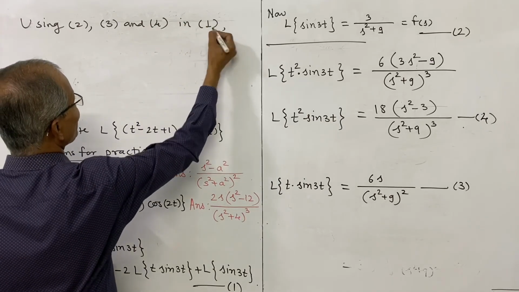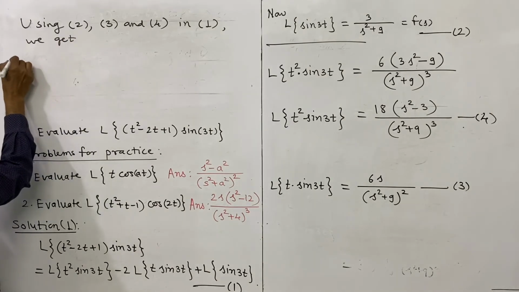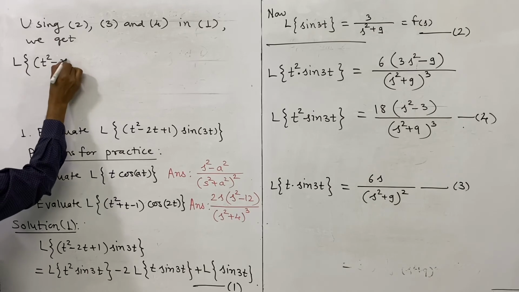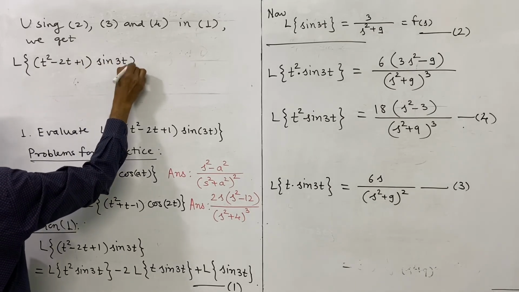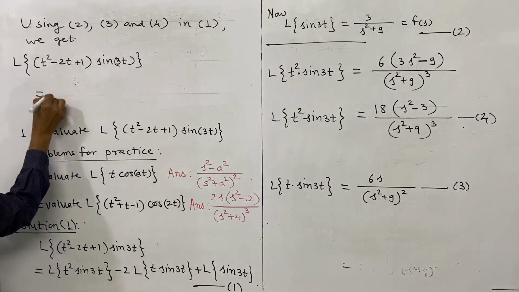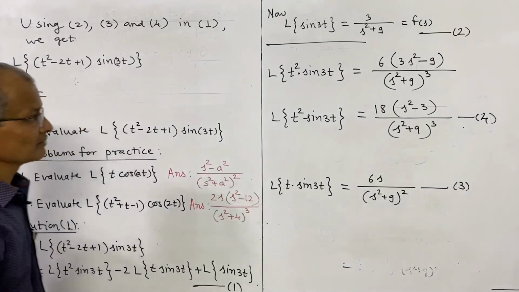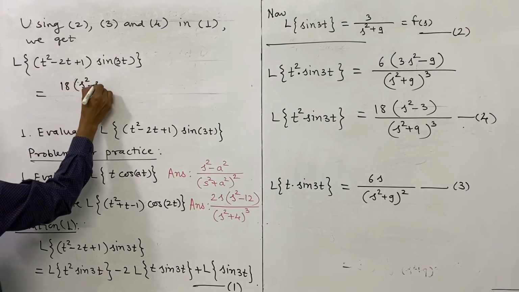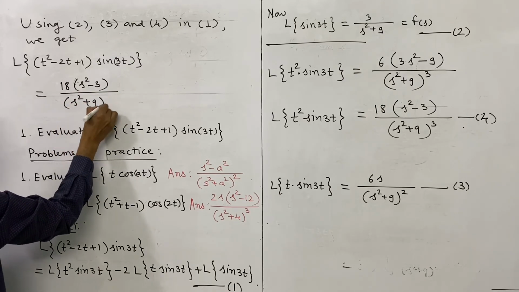In 1 we get the required Laplace transform, t square minus 2t plus 1 into sine 3t is equal to, see, it is L of t square sine 3t, that is 18 s square minus 3 divided by s square plus 9 cube.